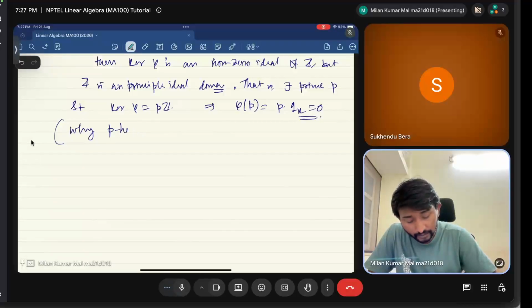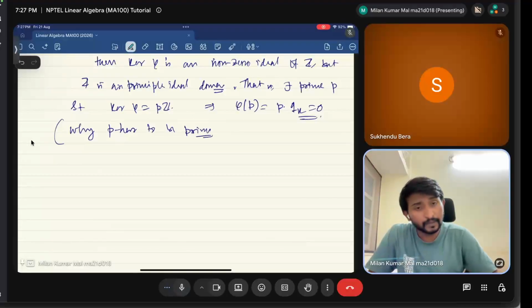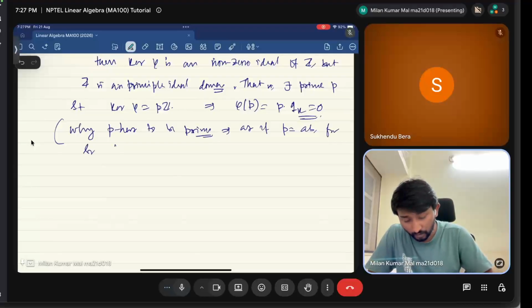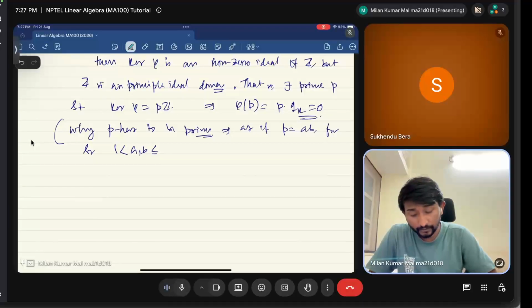Let me check. If p is not prime, that is p equals ab for some 1 strictly less than a, strictly less than b, strictly less than p, then p times 1_K is equal to 0. That gives a·1_K times b·1_K is equal to 0.